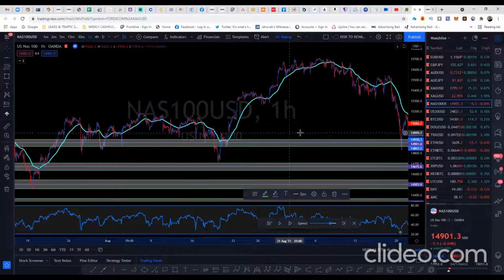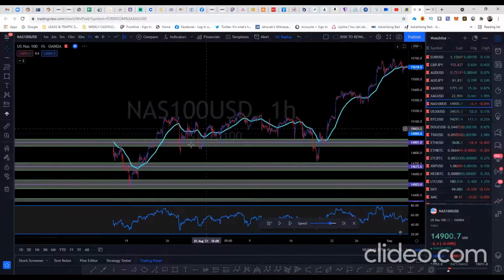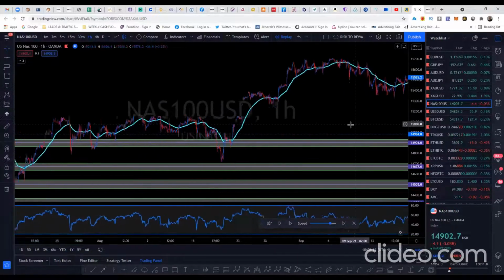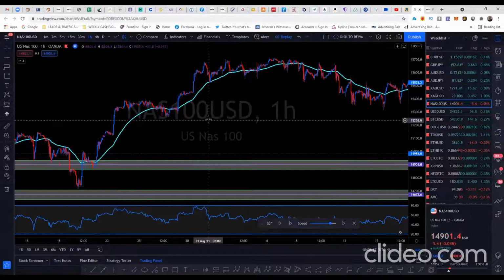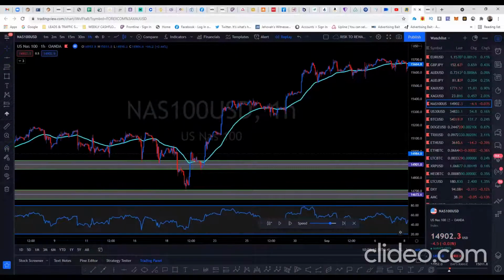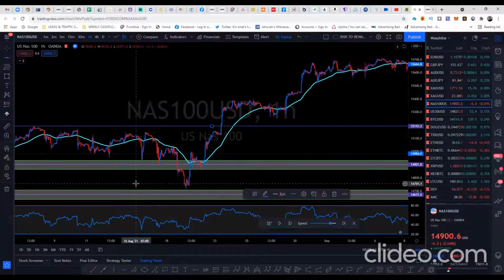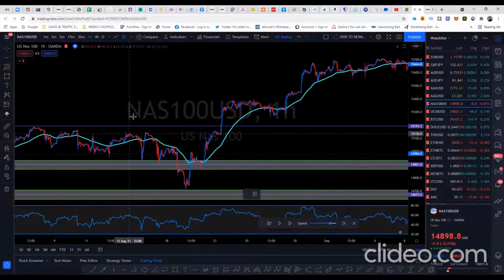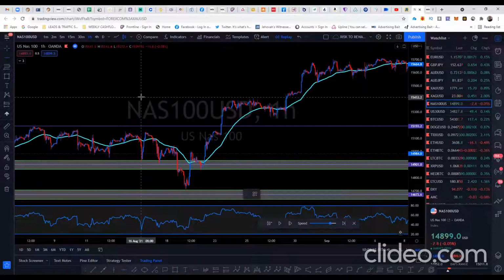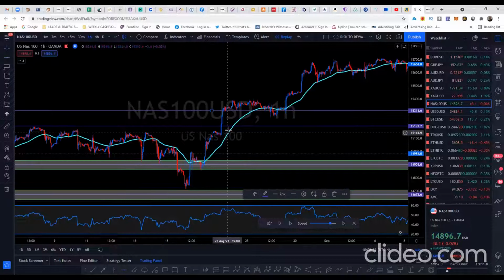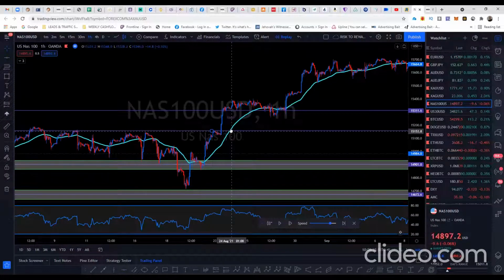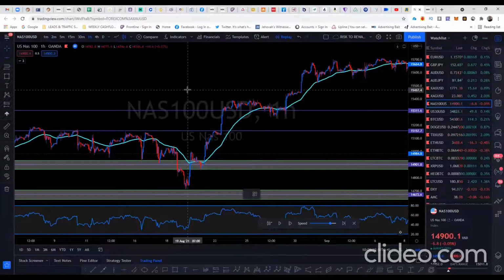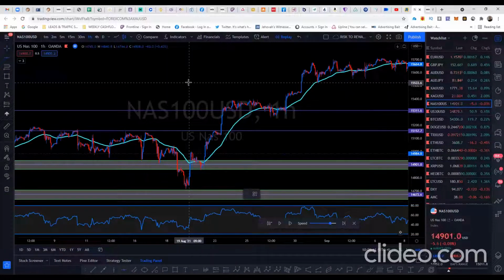So we're going to go to the hour. As you can see in the hour, we marked up the 30-minute here. Now we need to address the 1 hour all the way up here. So then I'm going to take the horizontal lines again. I see a little wick action here, and then I'm just going to move this down against the wick here, down to here.